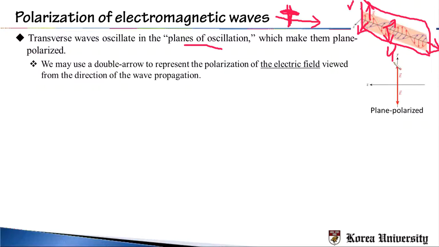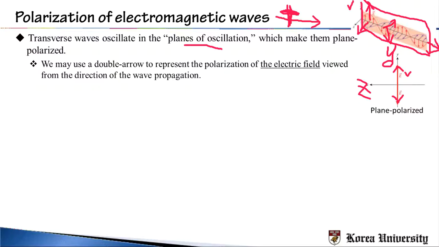Here this is y and this is z. You are looking down along the minus x direction, and since the electric field is oscillating back and forth, up, down, you can use a double arrow like this to represent their plane polarization.